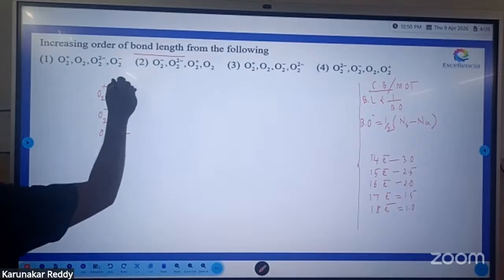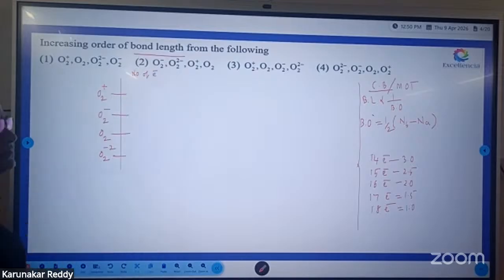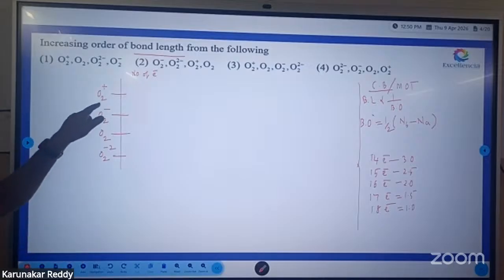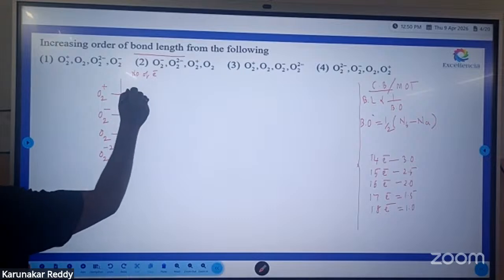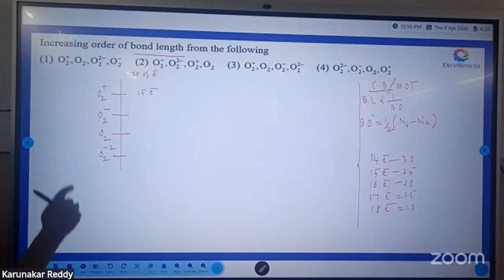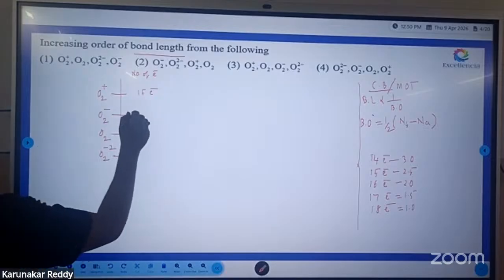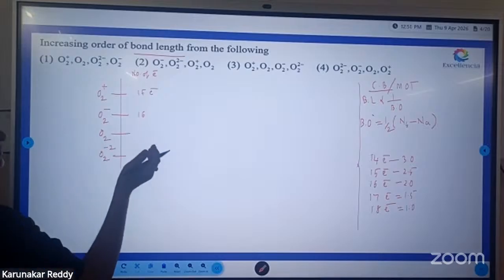We know the number of electrons present in each. The number of electrons must be calculated to get the bond order. Oxygen has 16 electrons, and with a positive charge it is 16 minus 1, so 15 electrons. Here oxygen has 16 and adds one electron because the negative charge means it gained one electron.